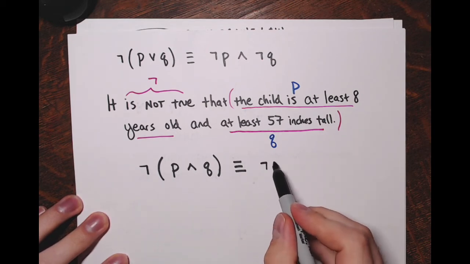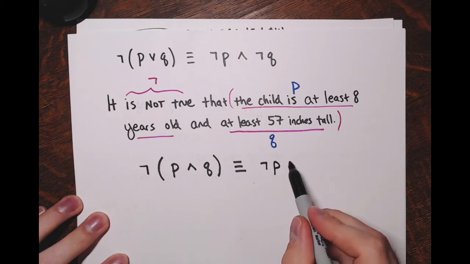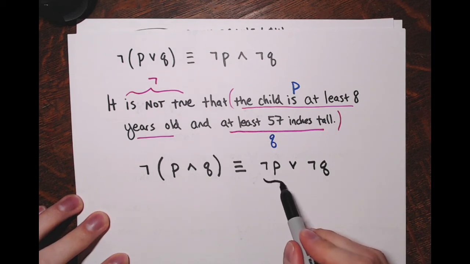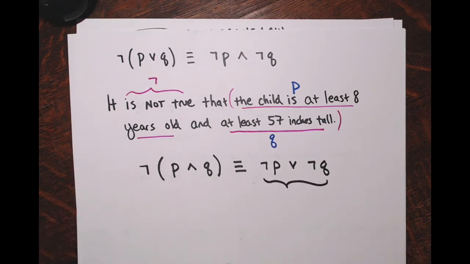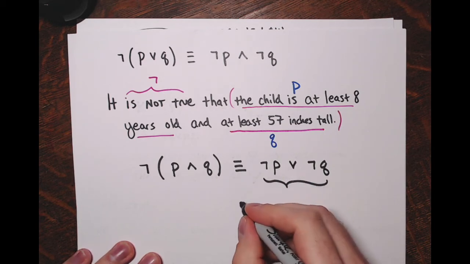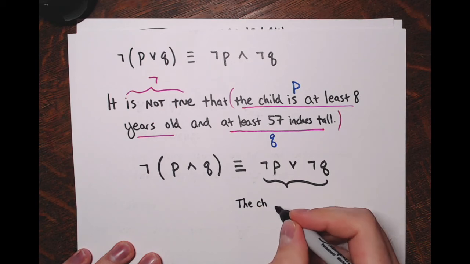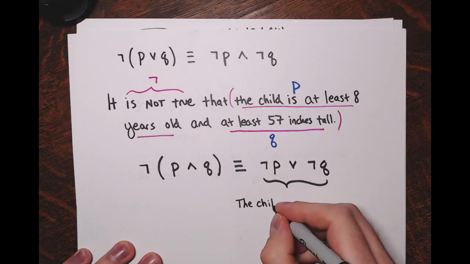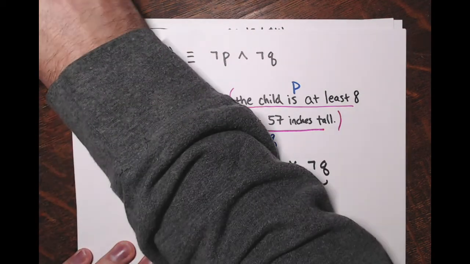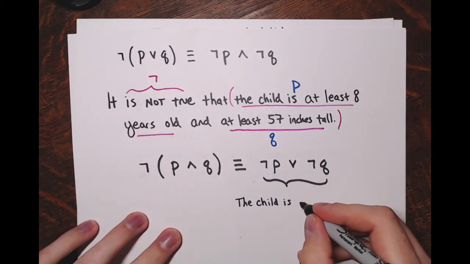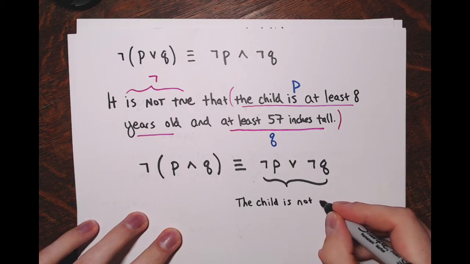Not P, or, all right, flip that, not Q. Now let me write this in English. So, the child is not at least 8 years old. Now that's a weird way of saying that. We'll say that probably in a better way.